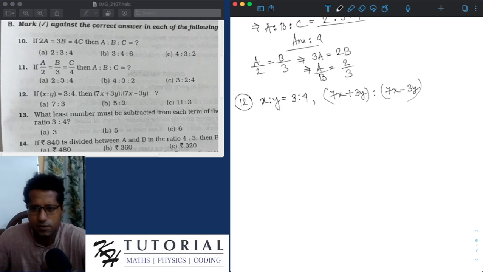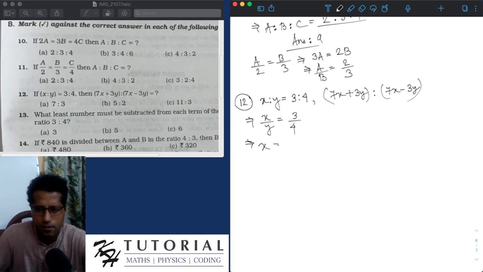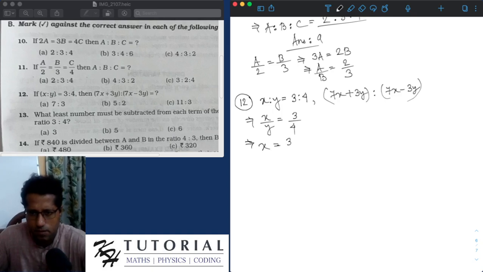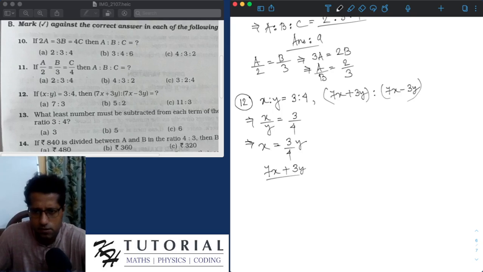Now the method I follow is that x is to y is given to be 3 is to 4. So this implies x by y equals 3 by 4. This implies I will find x in terms of y, that is x equals 3 by 4 into y. Now the ratio of 7x plus 3y is to 7x minus 3y is the fraction 7x plus 3y divided by 7x minus 3y.